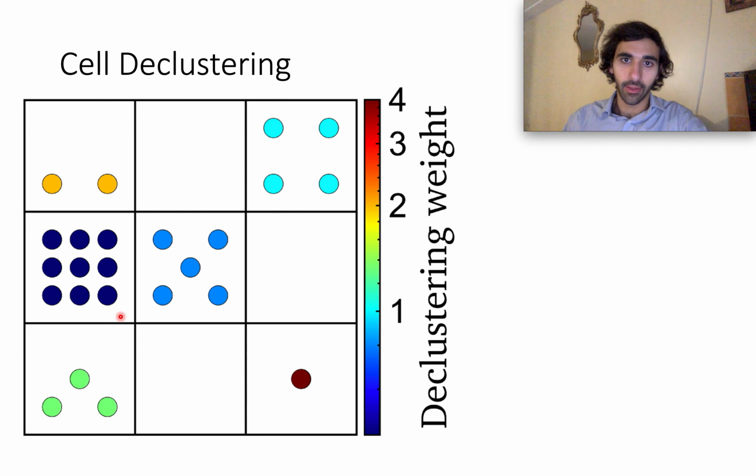Basically, whatever the value of this sample is, we would count it 4 times. So this sample at the bottom right had a value of 5. We would pretend our declustered data set would have 4 samples of value 5. And that's how the declustering weight works.